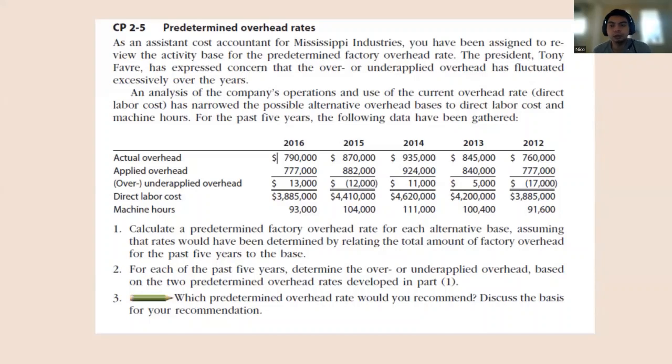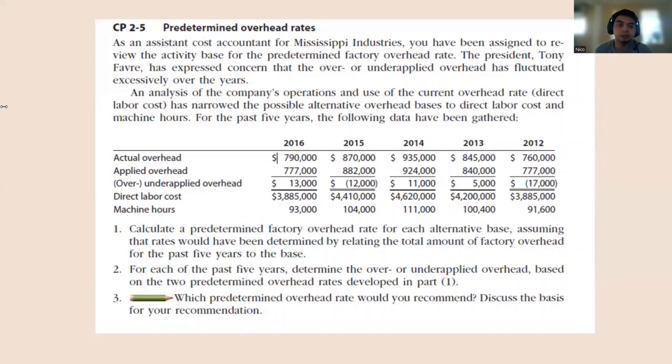So we'll continue our discussion on job order costing with case problem 2-5, which is the predetermined overhead. As an assistant cost accountant for Mississippi Industries, you have been assigned to review the activity base for the predetermined factory overhead rate.